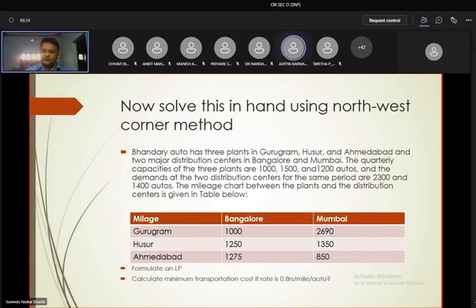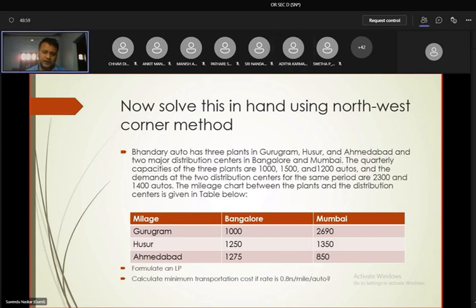So the values given in the chart are in miles per auto, right? Like from Gurugram to Bangalore, it is 1000 miles per auto? Yeah. So it's basically distance, the mileage chart. Hmm. So sir, I am getting the cost 31,32,000.